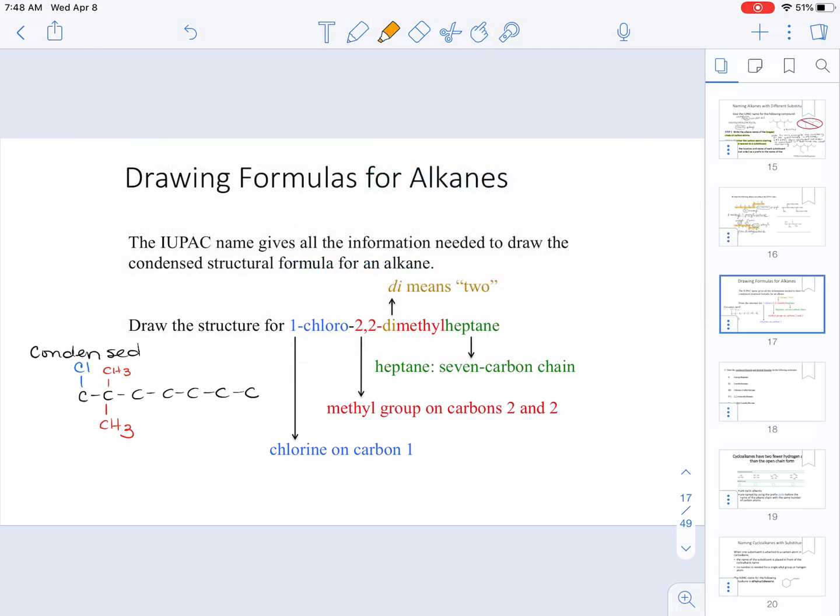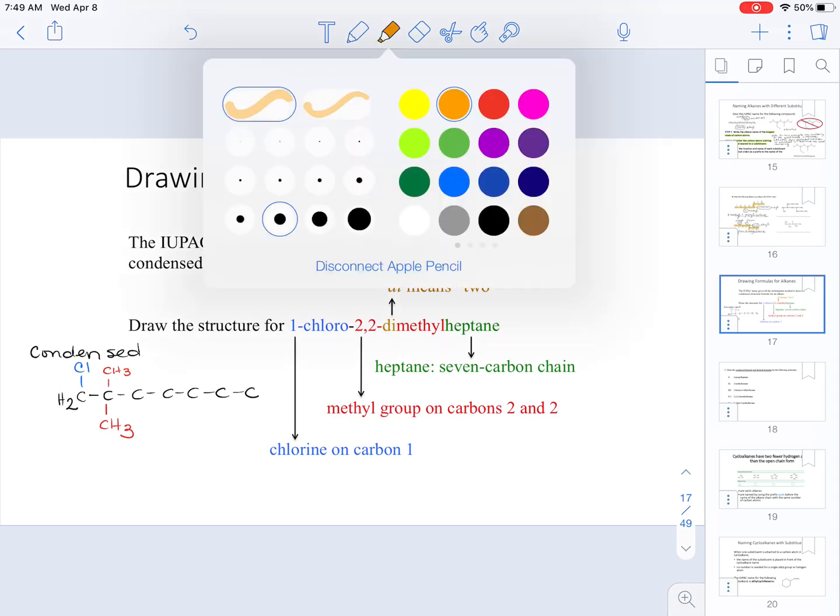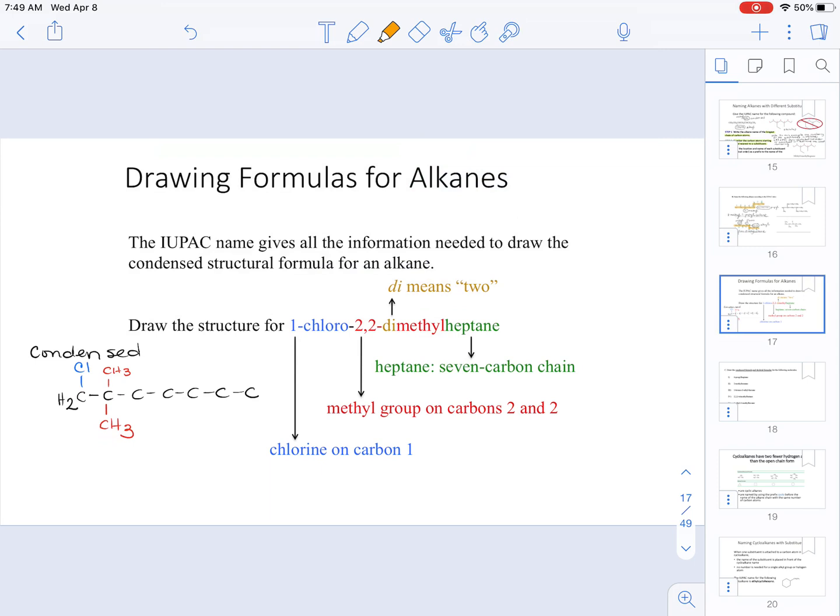Now I'm going to fill in the hydrogens in the molecule. The first carbon is bonded to 2 atoms, so it's going to be receiving 2 hydrogens to complete its octet. The second carbon, I'm just going to erase those highlights. If you write H2C or CH2, it is the same thing. Carbon number 2 is bonded to 1, 2, 3, 4 atoms, so it doesn't receive any hydrogens.